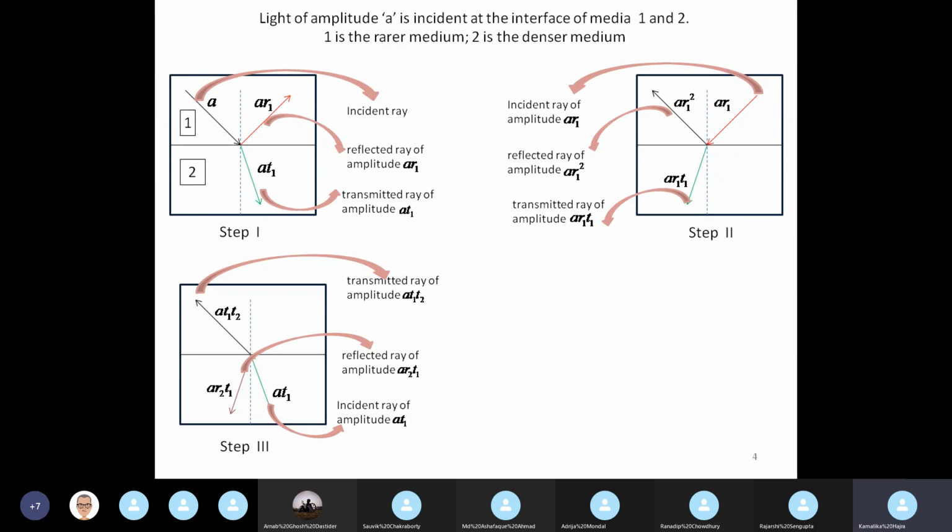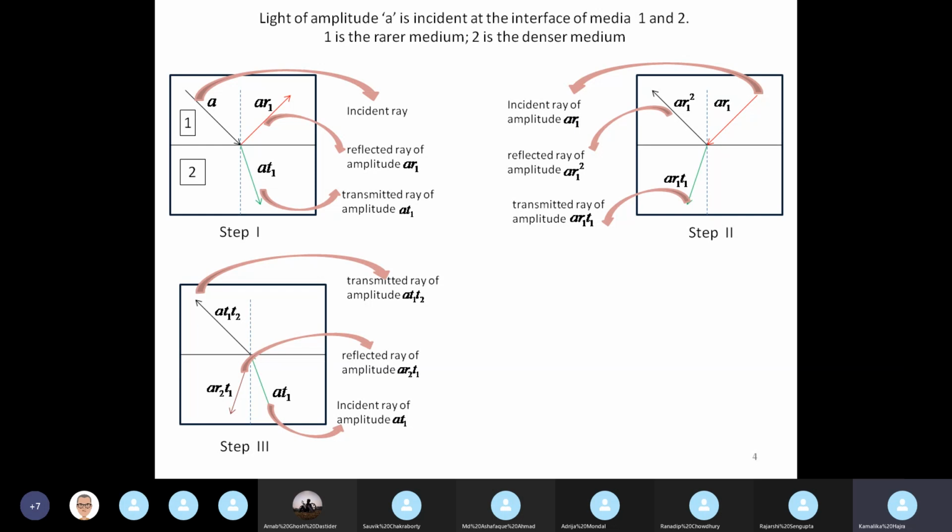Okay, so I start with one setup and then I change the position of the source so that in the second step my incident ray is of amplitude AR1, and in the third step my incident ray is of amplitude AT1, and accordingly I get my reflected ray and transmitted ray amplitudes.